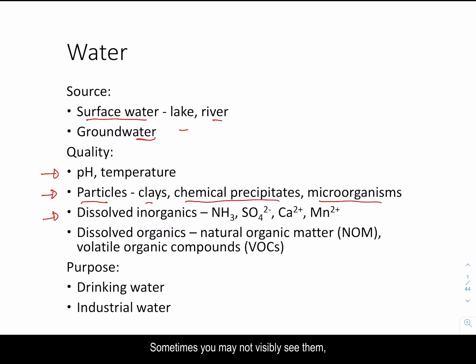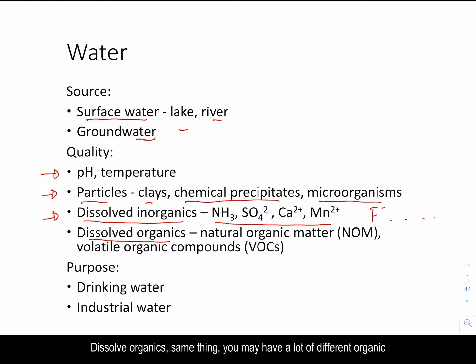And sometimes you may not visibly see them, but they may still be in your water in dissolved forms, inorganics or organics. So some examples of inorganic chemicals that are in the water are ammonia, sulfate, calcium, manganese, and so on, right? And I'm sure you can think of a lot of other things.